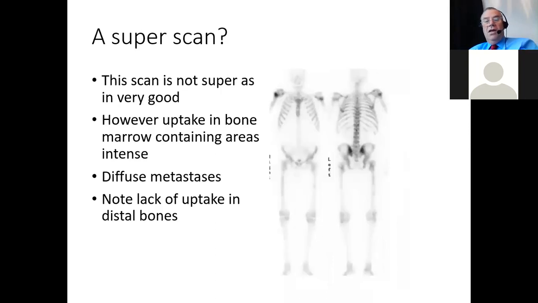Sometimes we see a super scan. So we did see a super scan before when we were talking about metabolic bone disease. But this is a super scan in a patient who has got multiple bone metastases. It can occur in breast, and I have seen it in thyroid and bronchus, but that's 1 or 2 patients in 30 years.